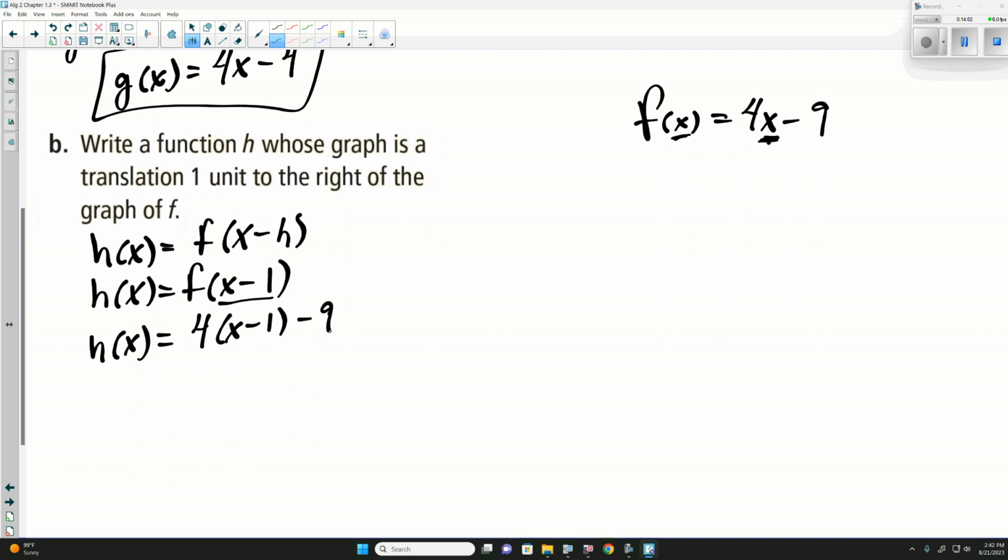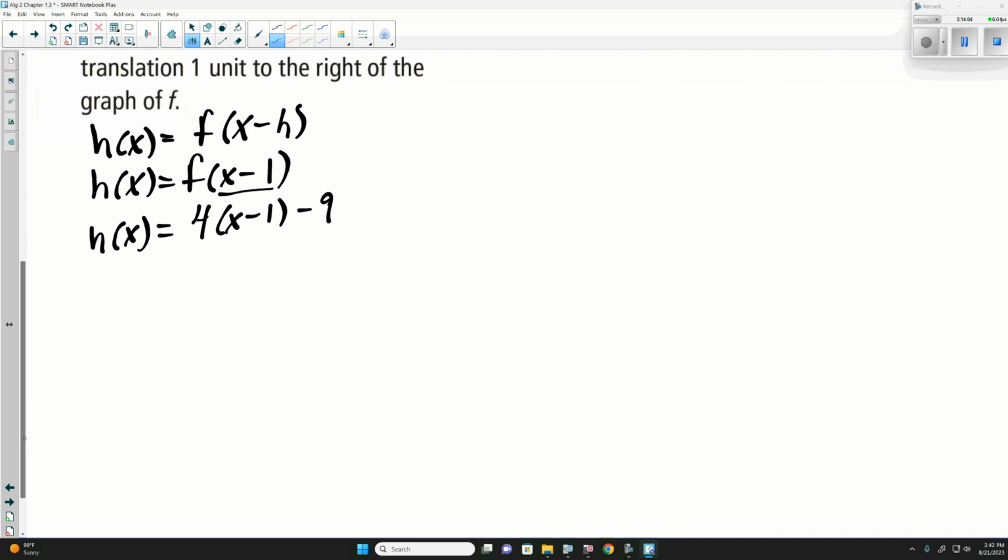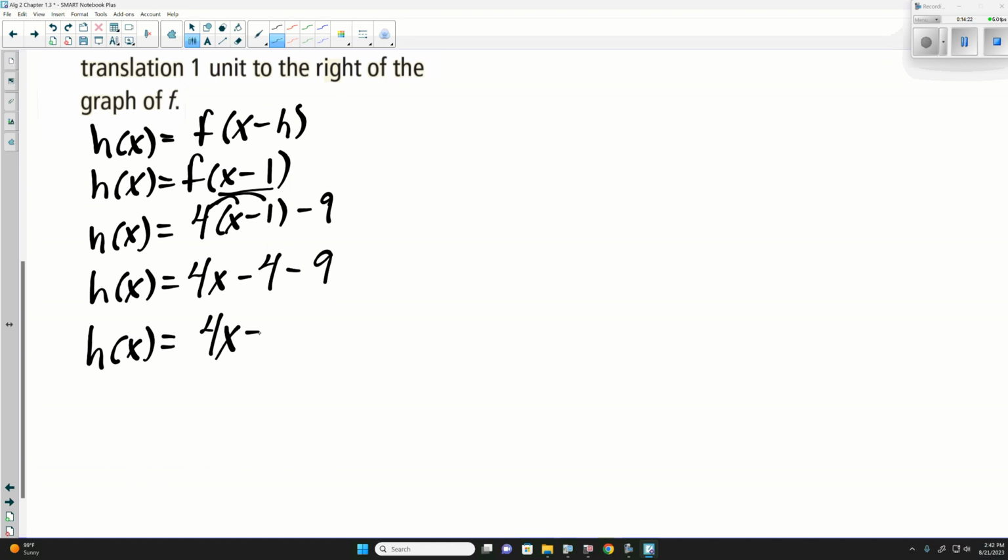We would indeed distribute the 4. Which would give us 4x minus 4 minus 9, which would be 4x minus 13. And that is it.